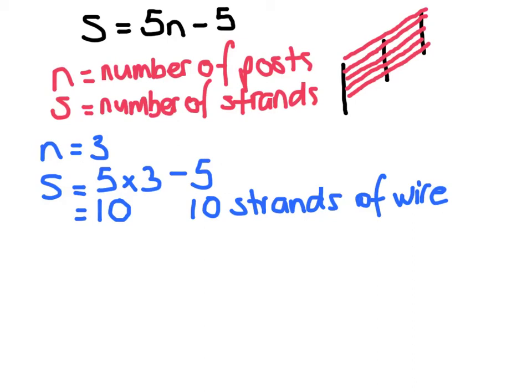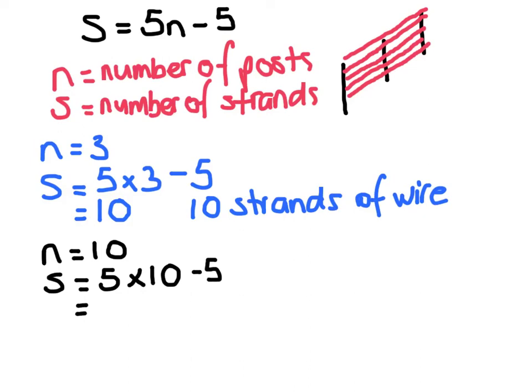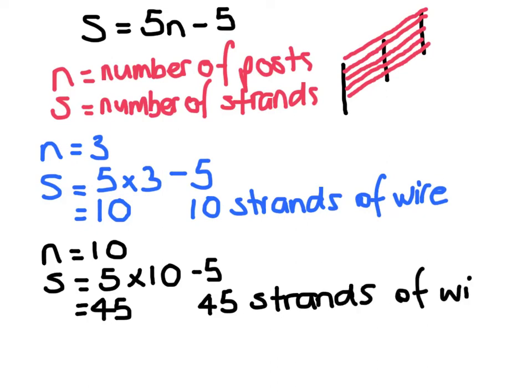So when n equals 10, S is going to equal 5 times n, which is 10, minus 5. 5 tens are 50, minus 5 is 45. So we will need 45 strands of wire.